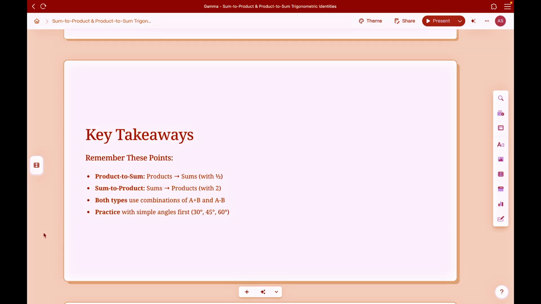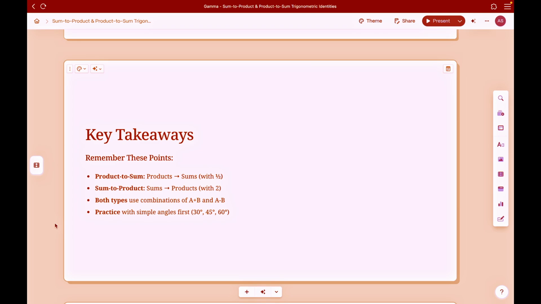At last, here are a few key takeaways just to make sure you remember. If you didn't know already, these are the key takeaways from this video. So if you only had about a minute or 30 seconds to watch this video, this slide is what I would watch. To remember these points: product to sum, of course, to sum with 1 by 2.